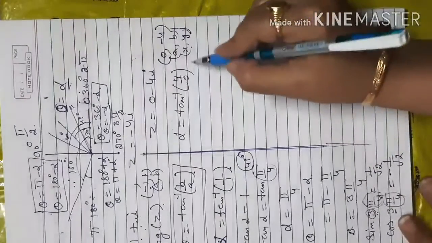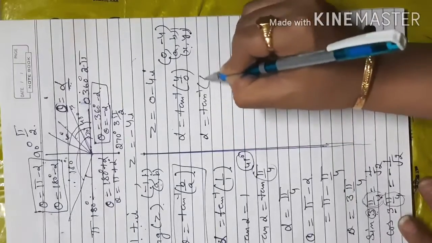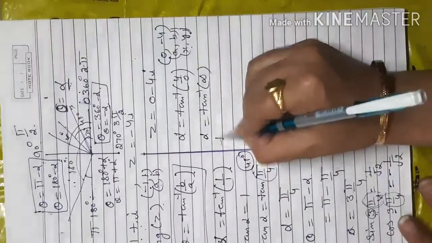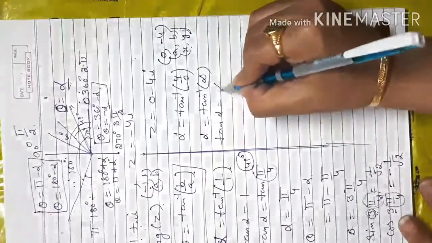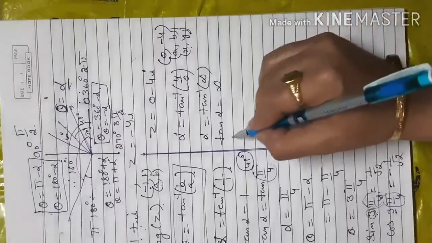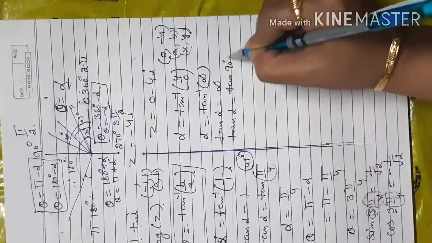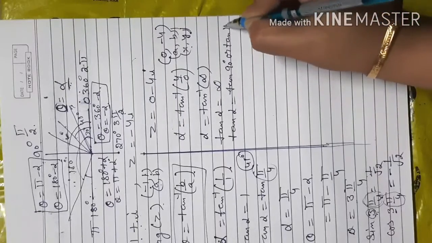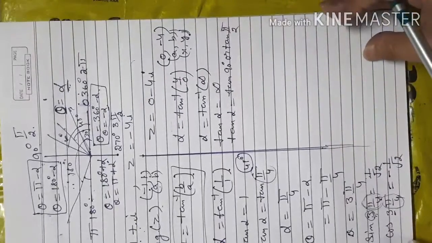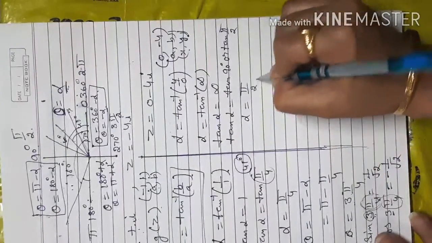Any term that has denominator 0, we call it infinite, not defined. Now tan alpha is equal to infinite, and the value for which tan is not defined is tan 90 degree, or we can write tan pi by 2. So my basic angle alpha is equal to pi by 2.